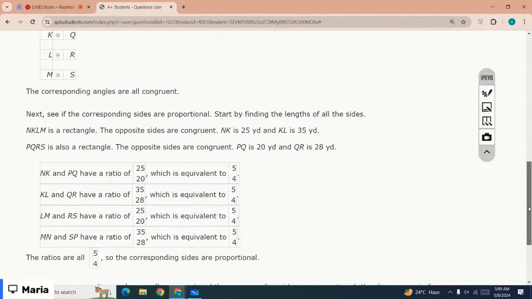They have the same ratio, 25 over 20 and 35 over 28. They are equivalent to 5 over 4. So yes, they are similar.